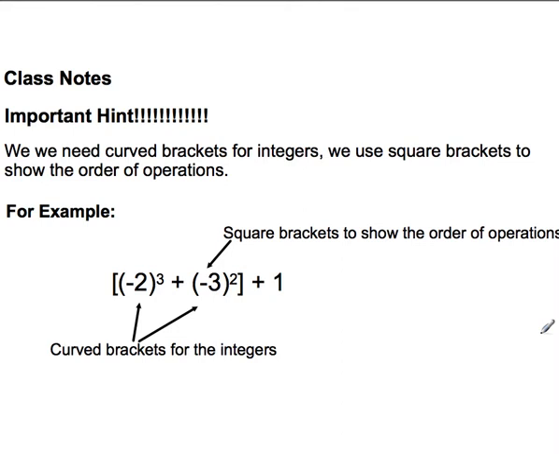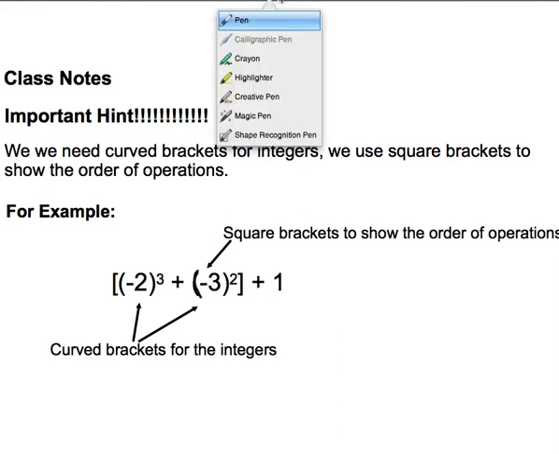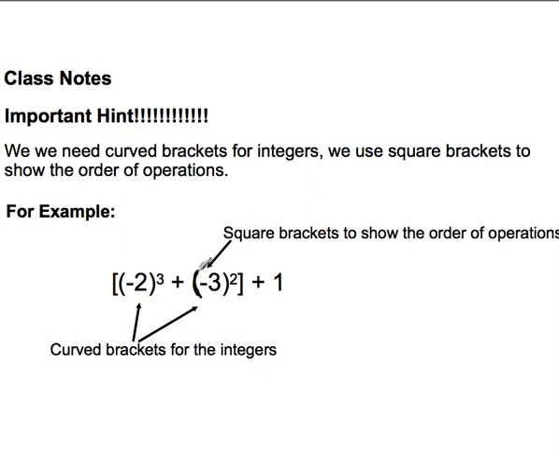So in the example, I have curvy brackets here because I want this to be the base of that exponent in that power. And same thing here, I want the negative 2 to be the base of that exponent in this whole power. And then the square brackets show you which operation you do first. Okay? And sometimes you're going to have square brackets in square brackets. So we're going to start practicing a couple of those, just a little bit more advanced type of questions.